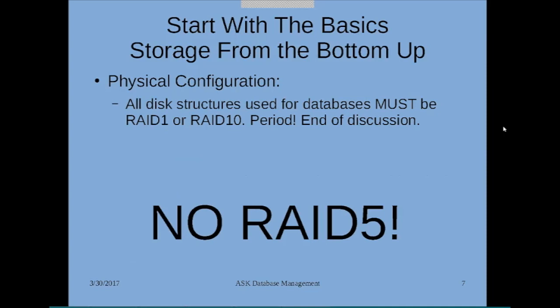That could be as simple as a dumb RAID 0 stripe set, could be RAID 1 mirrored pairs, it could be RAID 10, could be RAID 5, 6, RAID Z, whatever. There's a whole bunch of different RAID options. To me, the only options that are really viable, safe, and performant for your database are RAID 1 and RAID 10, period. Nothing else is recommended as a best practice for databases.